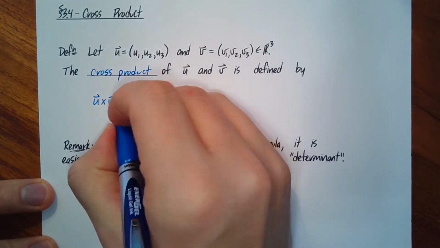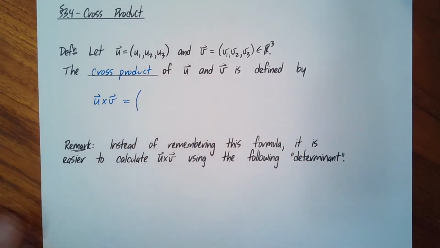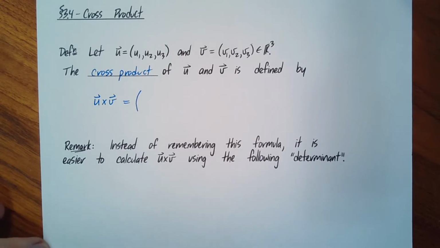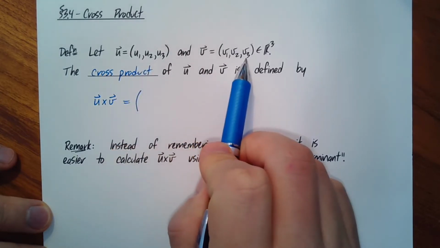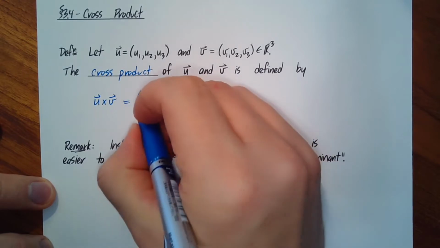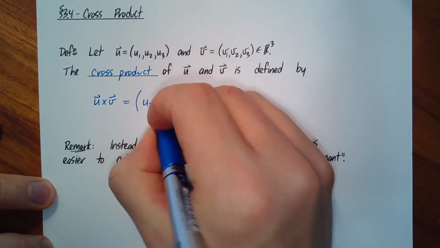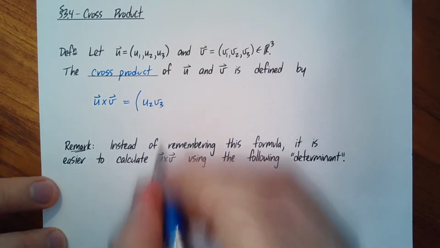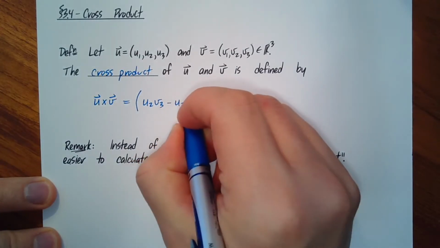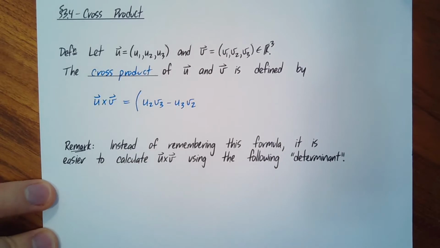And what it's actually defined to be, it's a little bit of a mess, but nonetheless, this is the definition. The first coordinate is, we take u2 and v3 and multiply them. And then we subtract u3 times v2. And that's all just the very first coordinate.